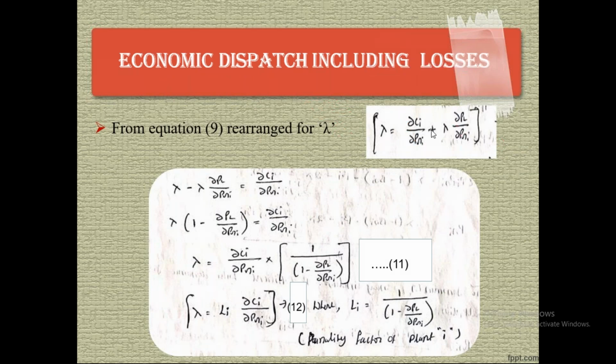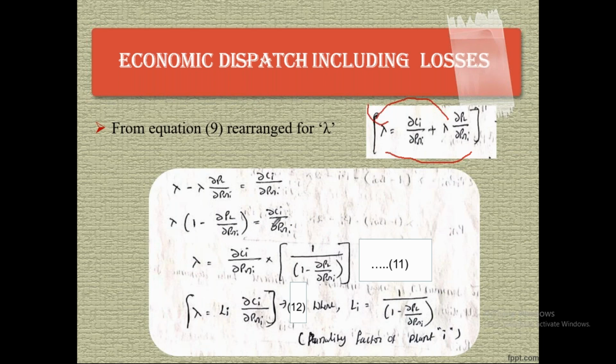Now from this equation I need the Li value. Here one factor will come, so let me see how it comes. Consider this equation for lambda. Bring the lambda term to the left side, then take lambda common, and you will get 1 − ∂PL/∂PGi, where PL is power loss, equal to ∂Ci/∂PGi.